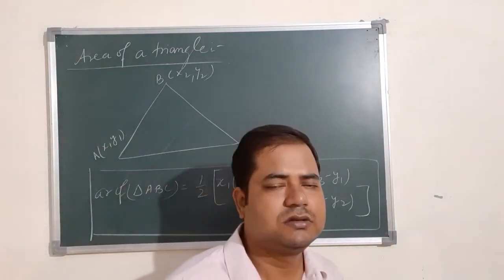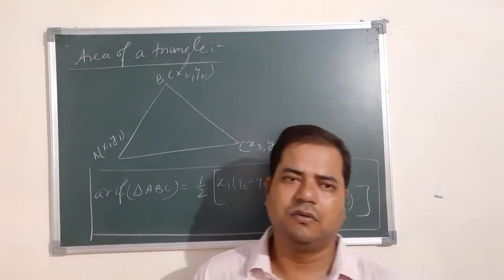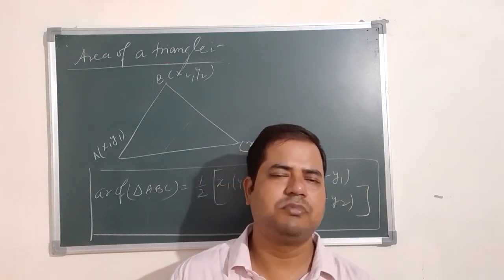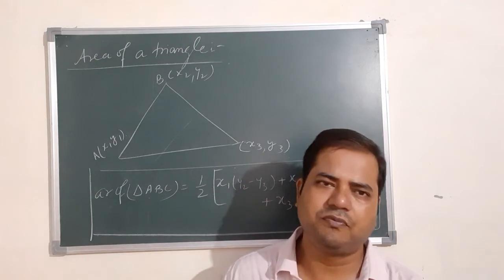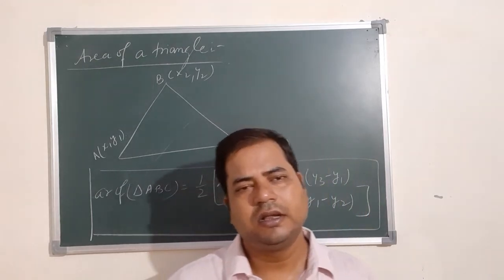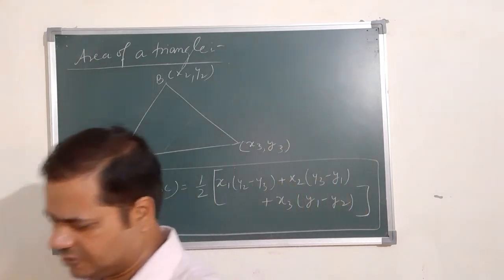Okay, so what are the questions based on this? You are given the vertices of a triangle, then you have to find the area of the given triangle. Okay, so please try to understand.